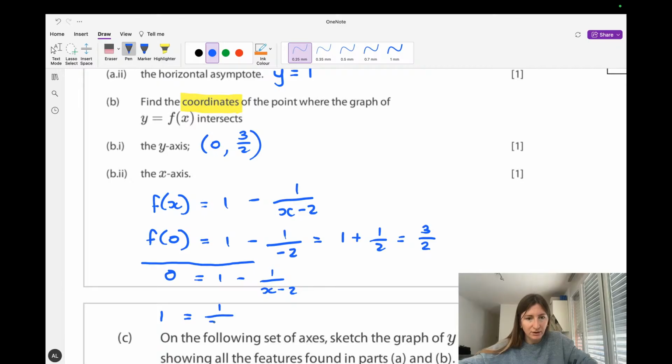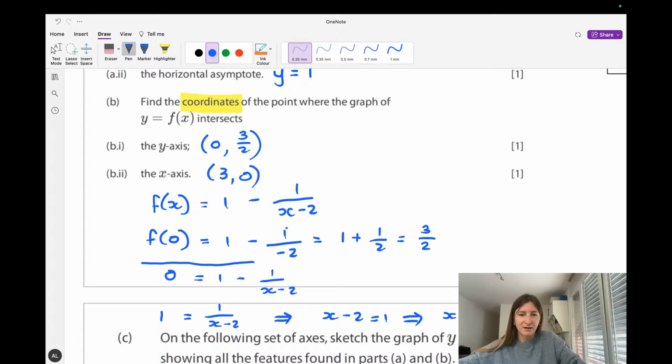So then we have 1 over x minus 2. Then I'm going to multiply x minus 2 times that 1. So that's x minus 2 equals 1. You should never work across like this, always down. I'm just running out of space. So x equals 3. Okay, so we have 3 and 0.